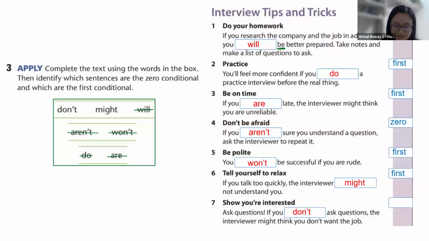And this is zero. It says might think or will think. First. Is the first, right? Excellent. That's correct. That's right.